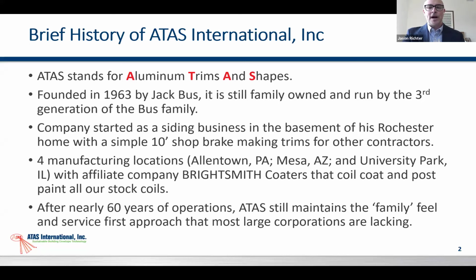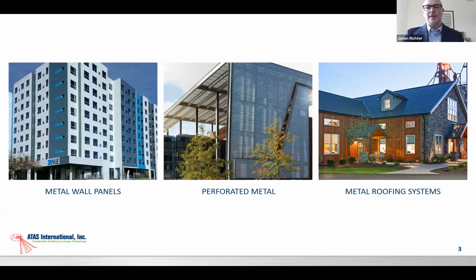We have a wide variety of manufacturing capabilities: metal roofing, standing seam, batten seam, shingles, a whole portfolio of metal wall panels, anything from 24 gauge all the way up to 0.1 aluminum plates.